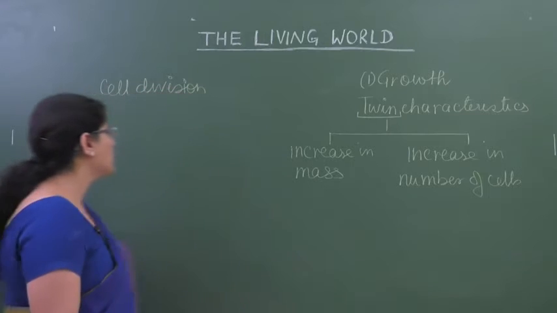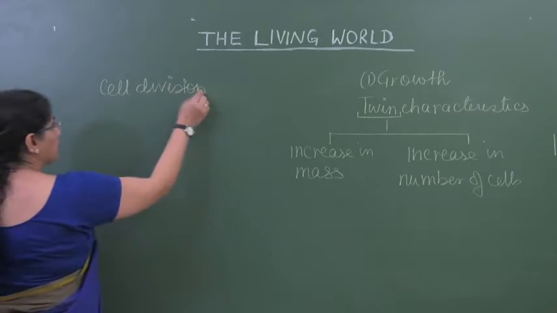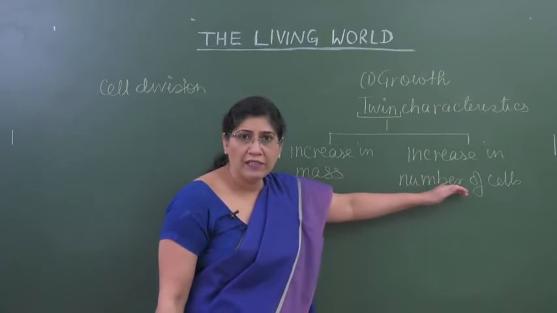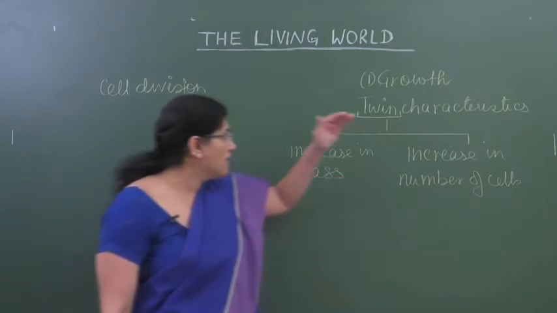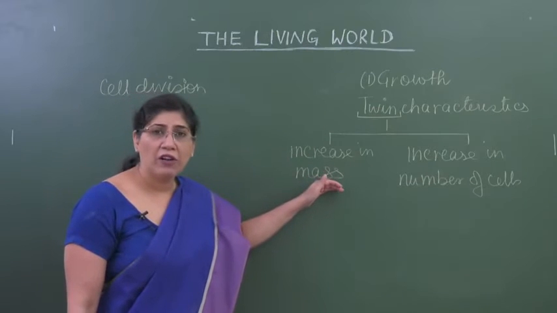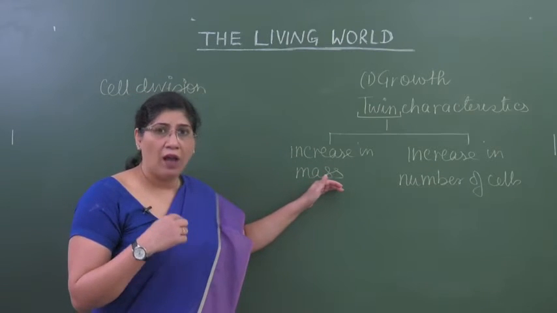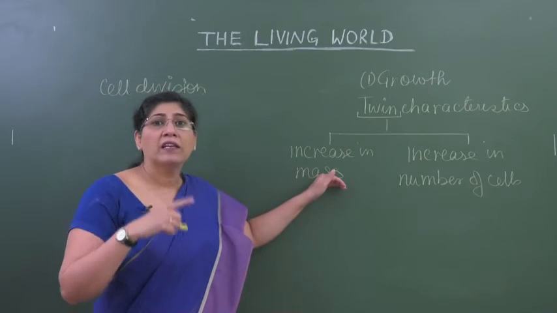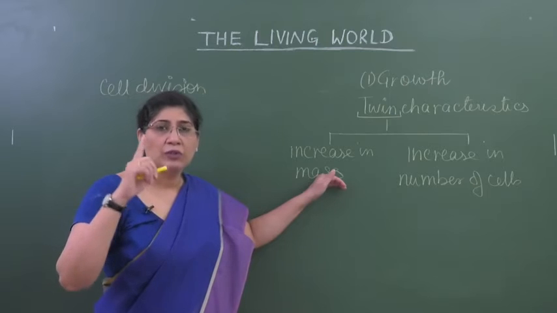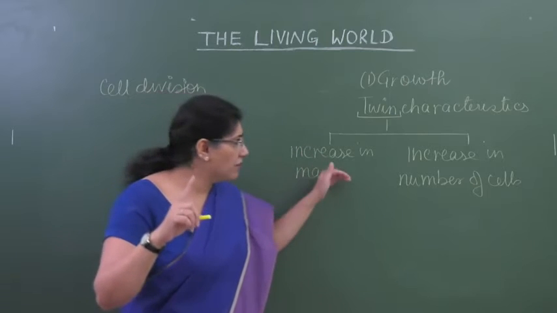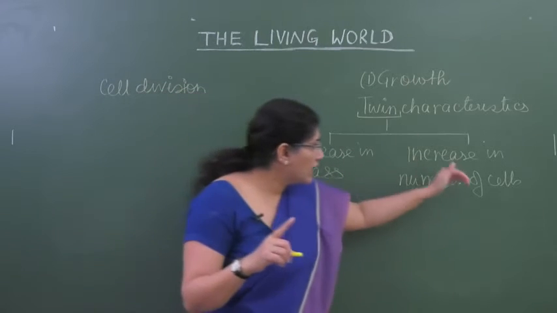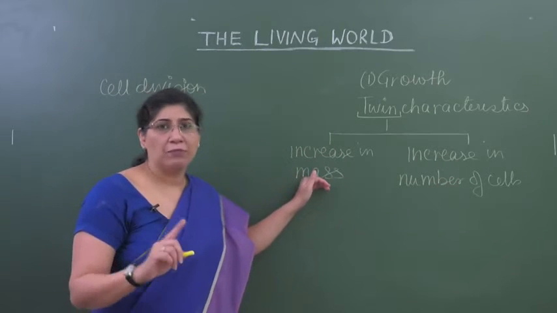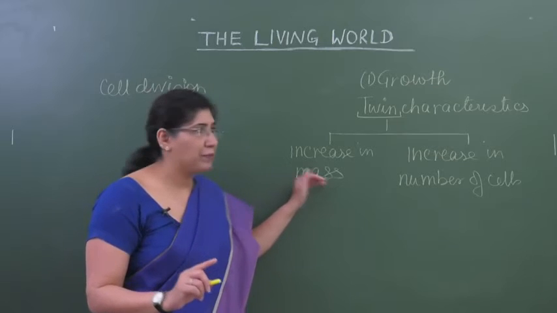So growth is caused by cell division, which may lead to both increase in number of cells, and if that cell division is occurring in a multicellular organism like us, अगर ये cell division हमारे अंदर हो रही है, then increase in mass. So cell division से क्या हो सकता है? Increase in number of cells भी होगा और increase in mass भी होगा. Both the things will be there.